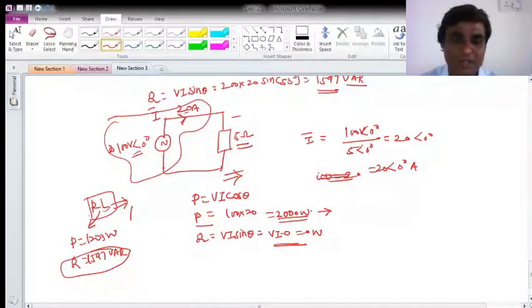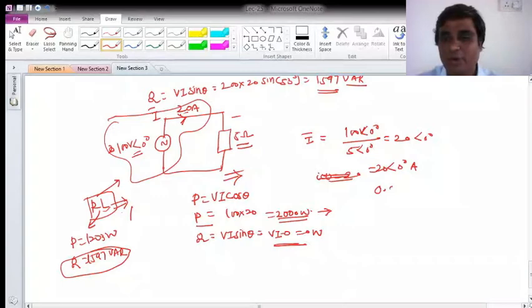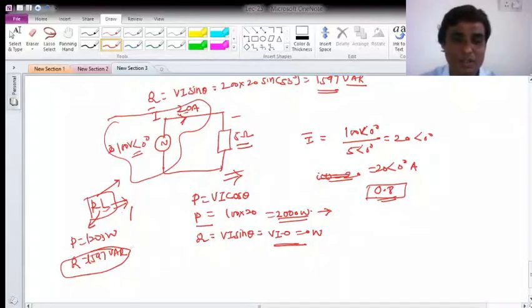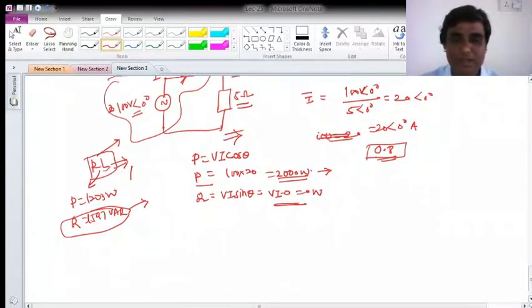They will put some condition on the consumer, maybe big industries, and they will say: whatever load you are using, use whatever you want, but you maintain the power factor at, let's say, 0.8. And if you are not maintaining the power factor of 0.8, then they will charge you on the reactive power also. So this is basically the importance of the power factor.